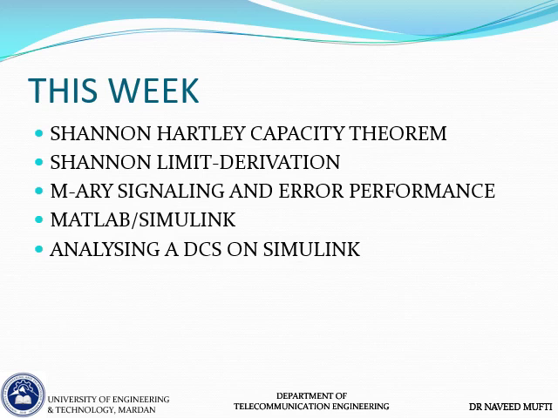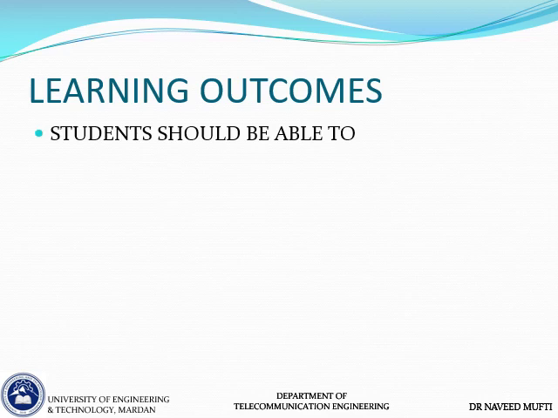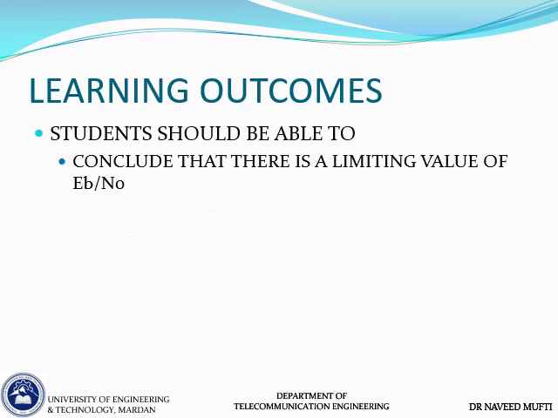And finally, coming over to the learning outcomes for this part of the course. In this lecture, the learning outcomes are that the student should be able to first of all conclude that there is a limiting value of Eb/N0. So we cannot go lower than that without having errors on our communication system.